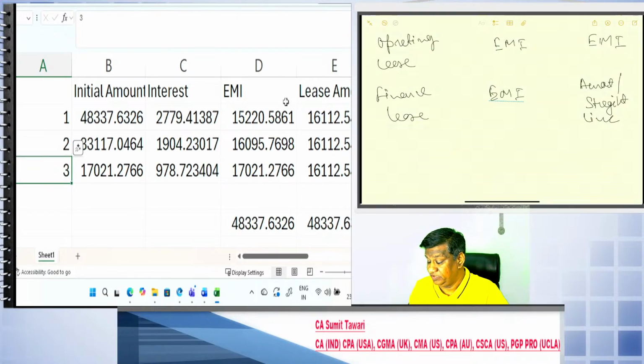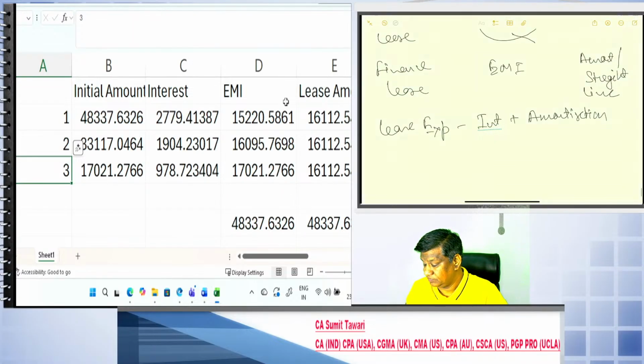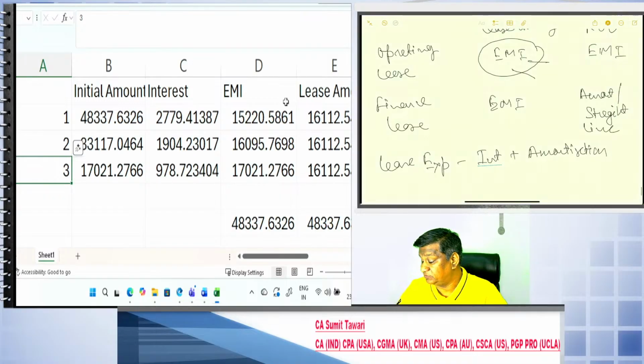Okay, so for you, lease expenses is basically interest plus amortization. If this is the situation, then for an operating lease, not total EMI, the entire lease payment is the lease expense.